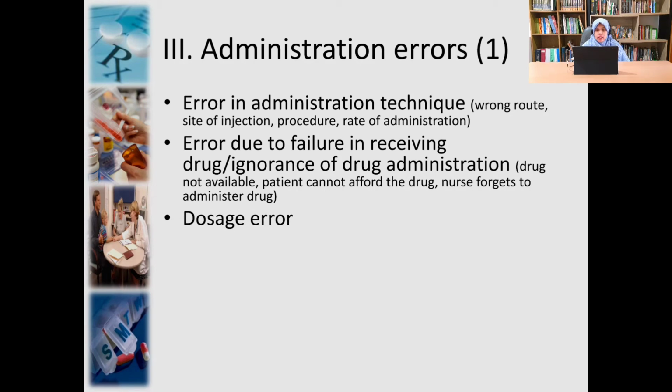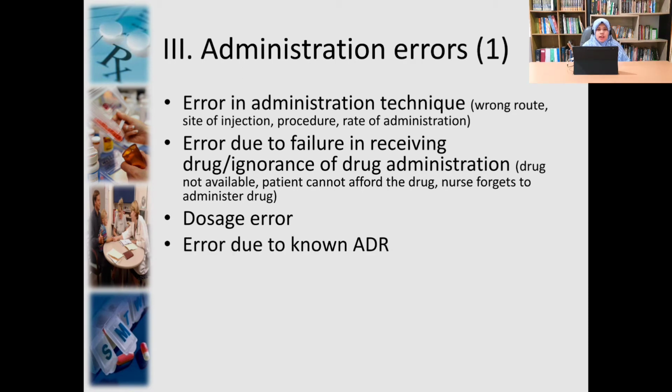The next example is dosage error. Maybe it confuses the patient when you write the etiquette and do not explain more when the pharmacist gives the instruction to the patient.